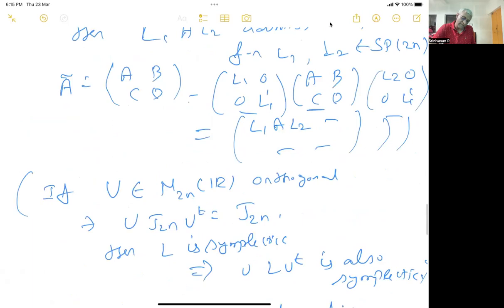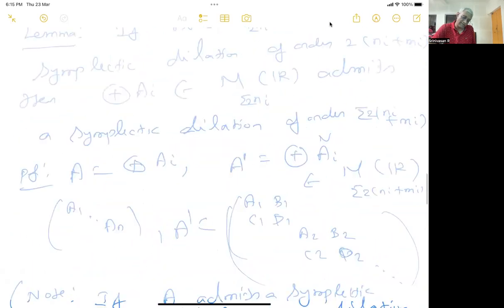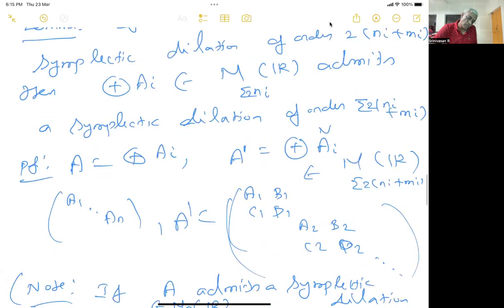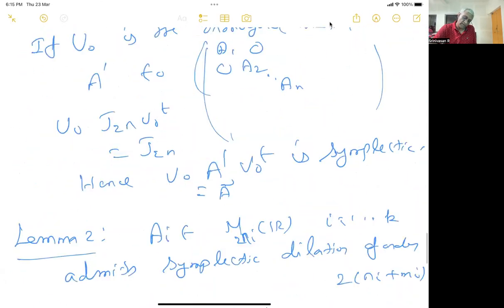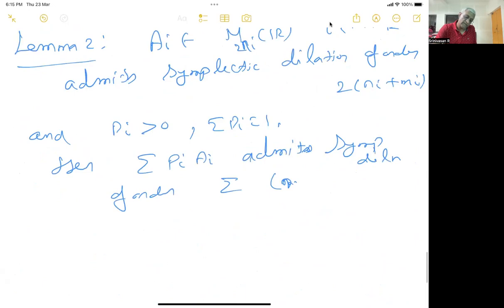Whenever I said that admit Mi plus Ni, there has to be a 2 there. So here, yeah, I have written 2. So this will be two K Ni plus Mi. It's a big number, but still it is finite.